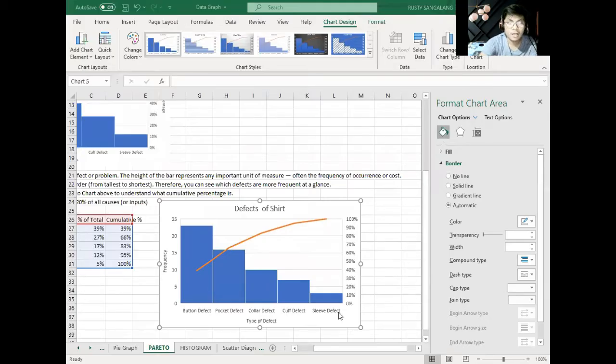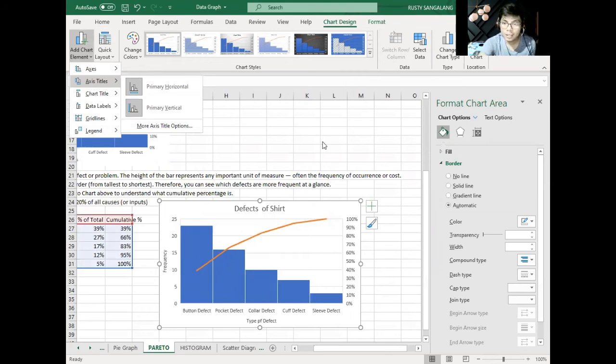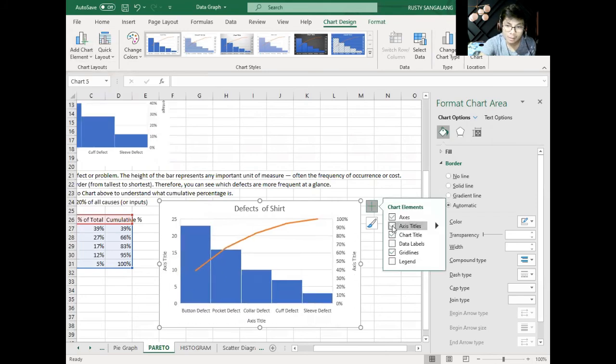Okay, for our next chart element is our vertical axis title for the other chart type. So if we click add chart title, mapapansin natin wala yung secondary vertical axis title. So what we are going to do is click yung ating axis title para lumabas yung other axis title natin.